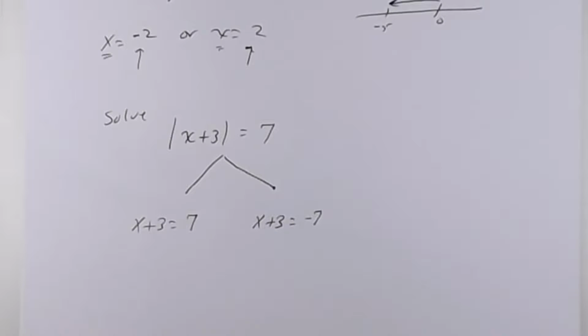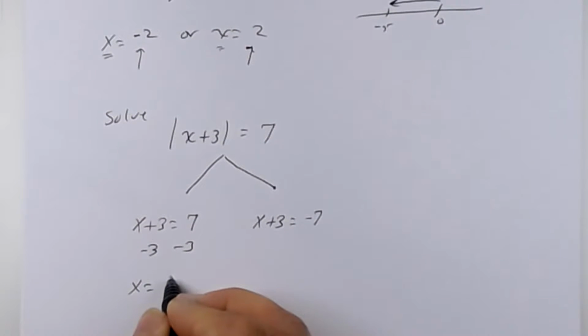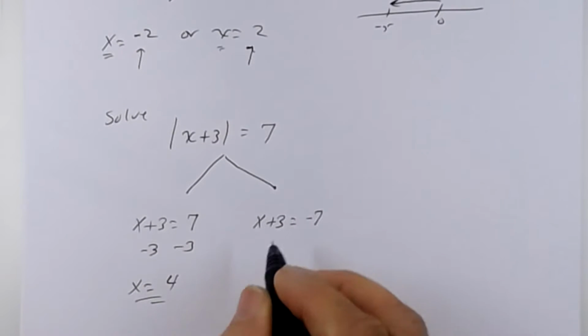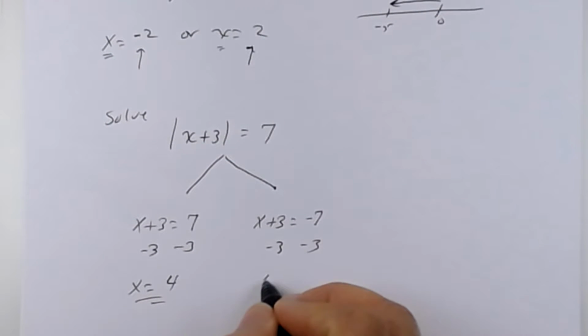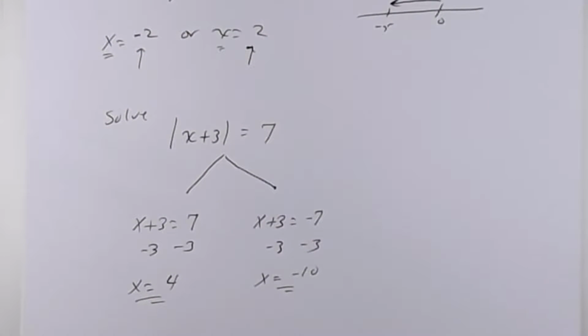You can subtract 3. So what's one of your solutions? 4, which is what we said. And here, subtract 3, and what's the other? -10. So when you do that in-class worksheet, I've got to see the work. Okay? So make sure you write this down so that you have an idea of what I want to see.